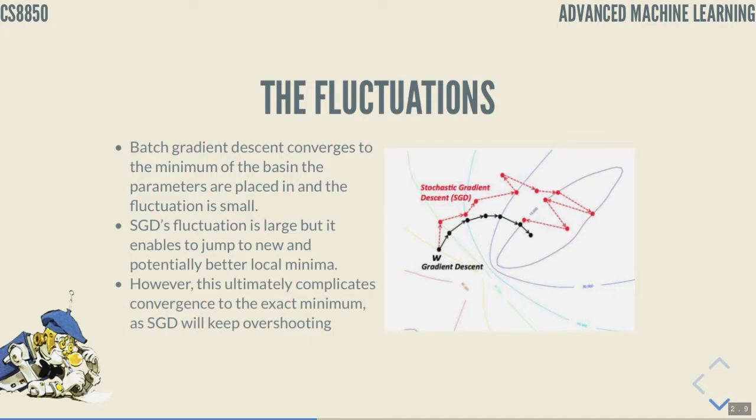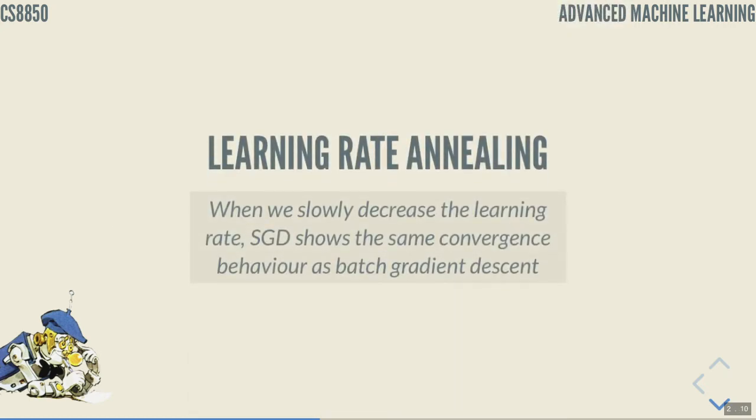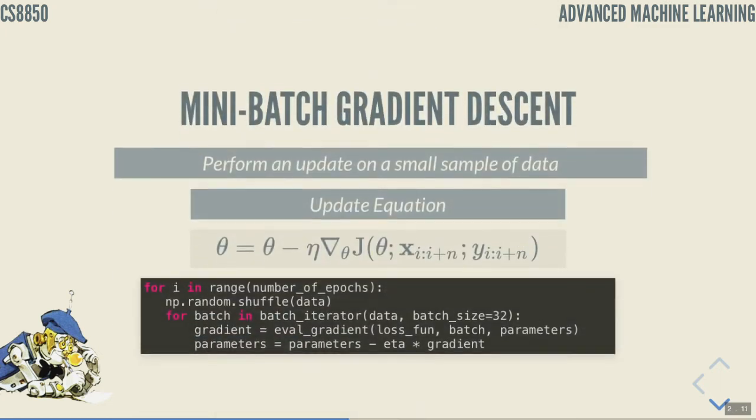But all of that ultimately complicates convergence to the exact minimum as SGD keeps overshooting. So the stochasticity of SGD is a problem. Learning rate annealing: if we carefully and slowly decrease the learning rate, SGD shows the same convergence behavior as batch gradient descent. So we can make them behave the same, probably.